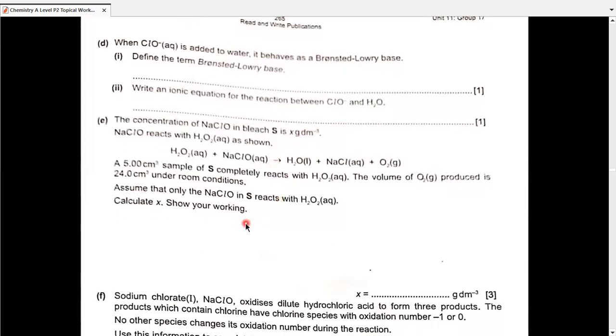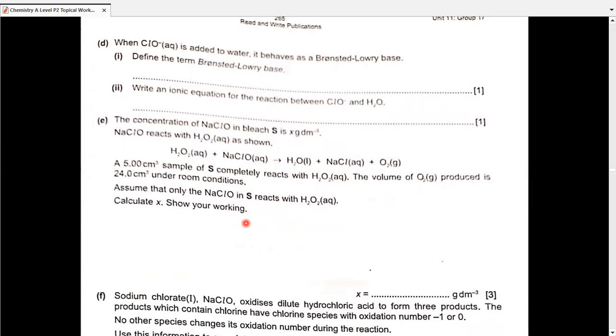Ionic equation for the reaction between ClO negative and H2O. Now this is not a part of the book. He is making you write this yourself, so think with your own sense and make what you can.